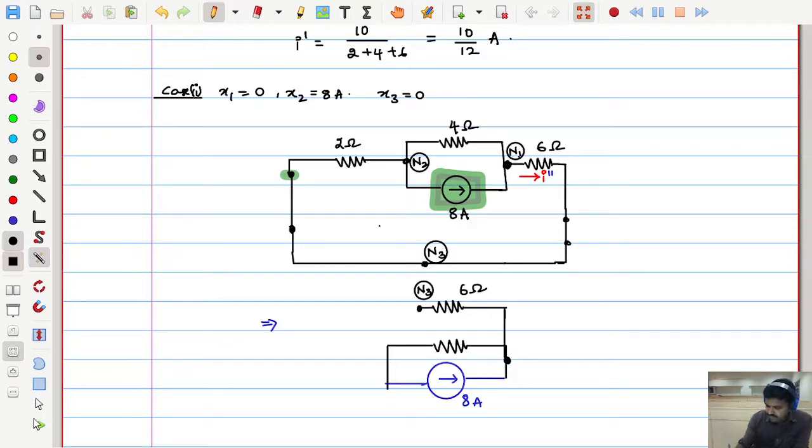I am bringing this downside wire into the upside. Next, that N3 is connected to 2 ohms. Here is our 2 ohms, whose other end is connected to N2. This is N2. So this is 4 ohms. The above circuit can be redrawn in this way.